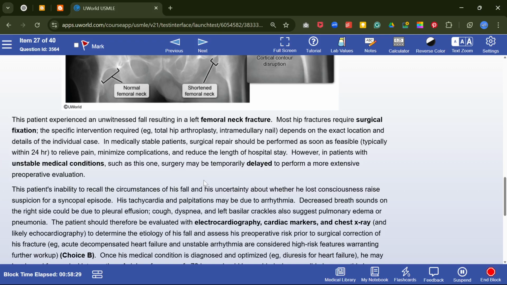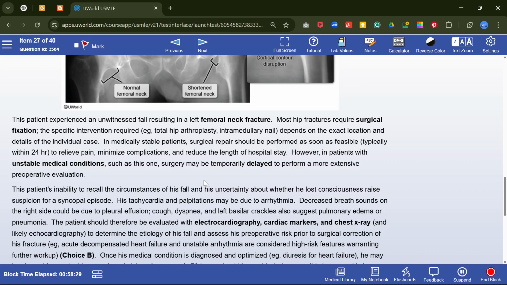His tachycardia and palpitations may be due to arrhythmia. Decreased breath sounds on the right side could be due to pleural effusion. Cough, dyspnea, and left basilar crackles also suggest pulmonary edema and pneumonia.